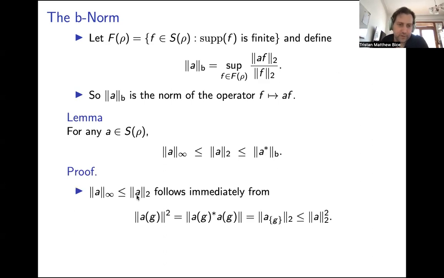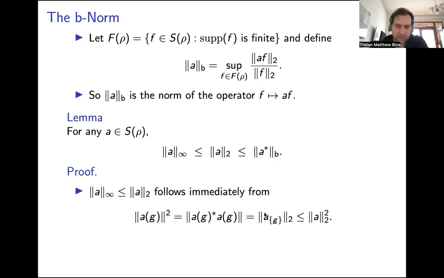Okay, we want to show the infinity norm is below the 2 norm. So let's look at the actual norm of A at some fixed G. Well, thanks to this C-star condition on the fibers, right? This is one of the defining properties of a Fell bundle. We know this is equal to the norm of this guy here.